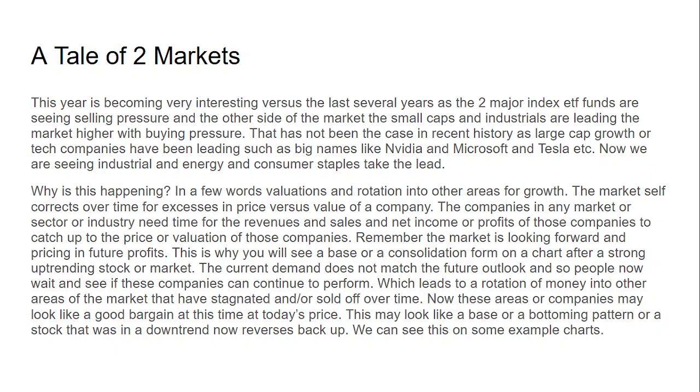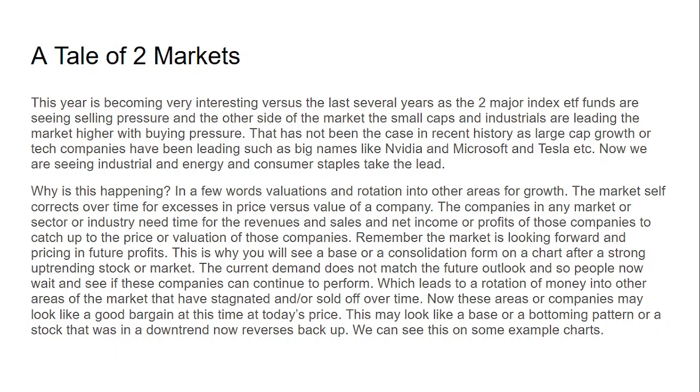That has not been the case in recent history, as large cap growth or tech companies have been leading, such as big names like Nvidia, Microsoft, and Tesla. Now we are seeing more industrial and energy and consumer staples take the lead in this market.